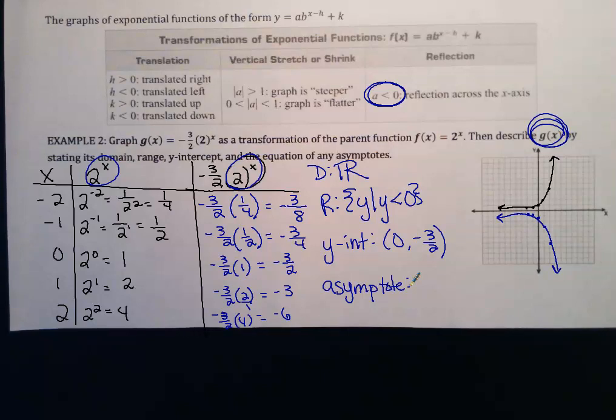Okay, the x-axis, but that's not an equation. What's the equation for the x-axis? Not y equals x. y equals 0. It's always the opposite of what we have.